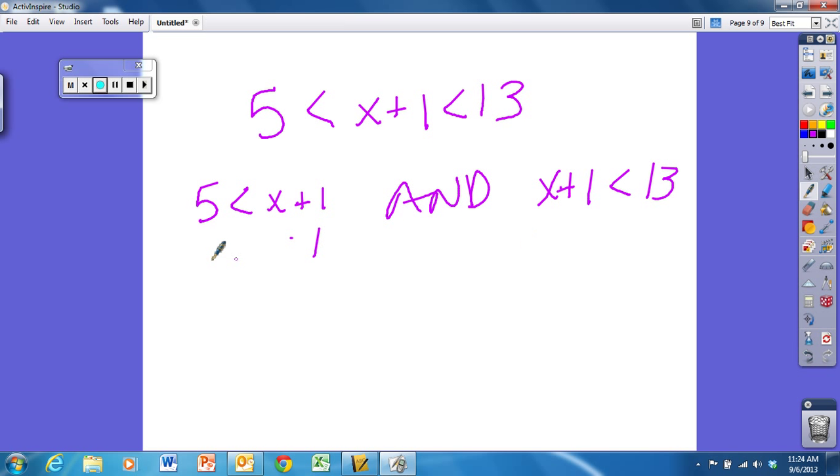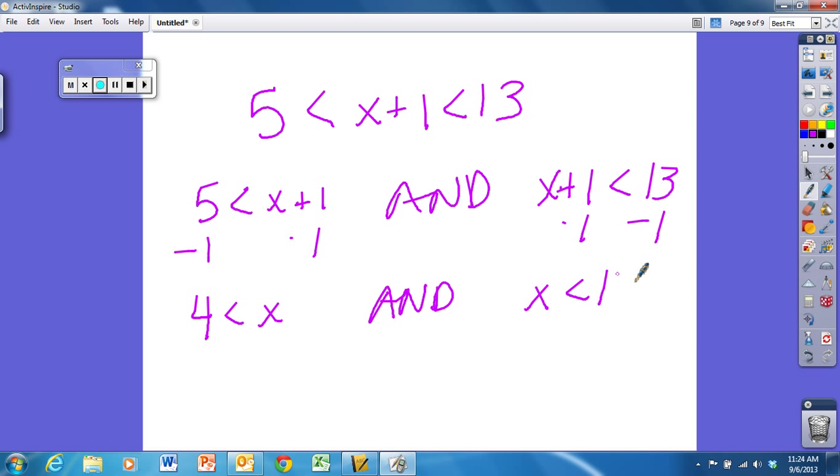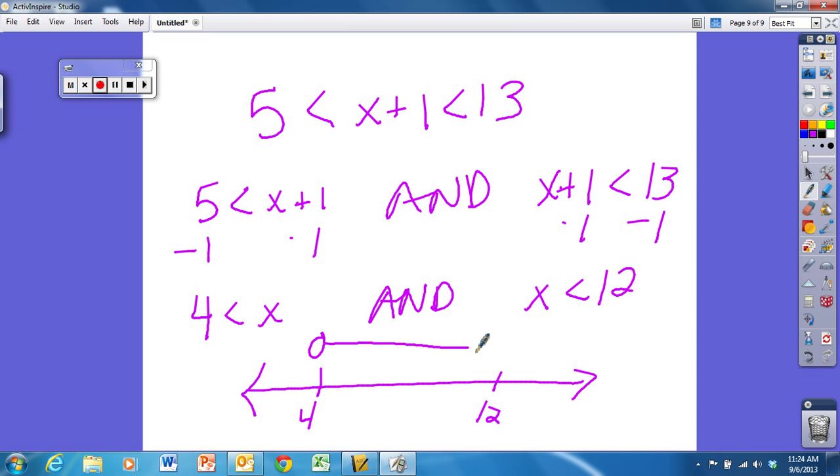So we're going to subtract 1 from both sides. So 4 is less than x, and subtract 1 from both sides over here, x is less than 12. So when you look at it on a number line, if you did it correctly, they should connect. So greater than 4 goes this way, less than 12 goes this way, and you have a nice little line segment with 2 endpoints on your number line.